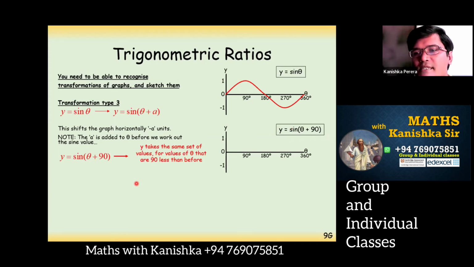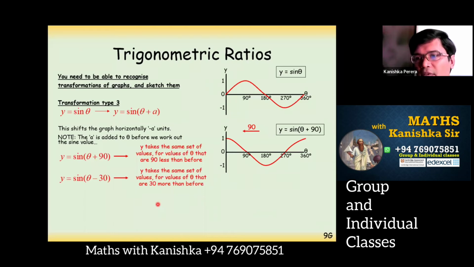Y takes the same set of values; the transformation happening there is to the theta values that are 90 less than before. You can find that we are just moving them. An example we can consider here is minus 30. Y takes the same set of values.